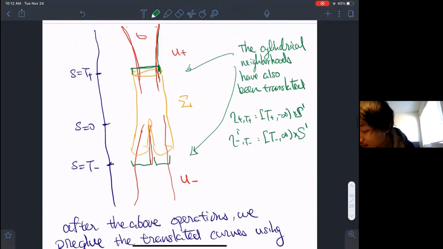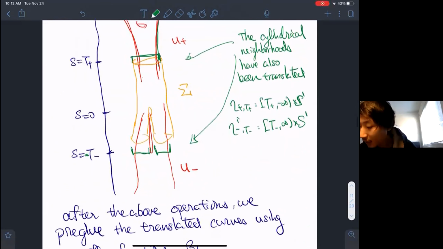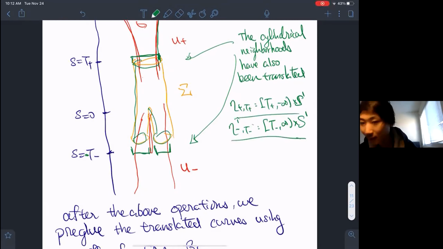And I'm going to translate U minus downward, so that the cylindrical neighborhood starts at minus T minus. And in the middle, I'm going to put in this pair of pants. And of course, these functions have been translated. I'll just denote them like this.